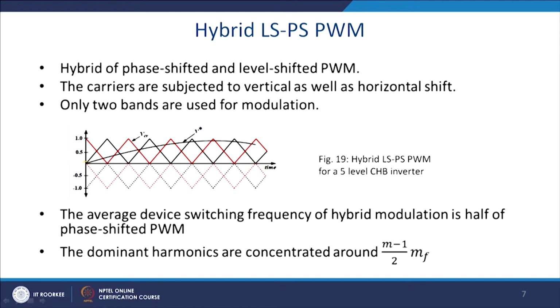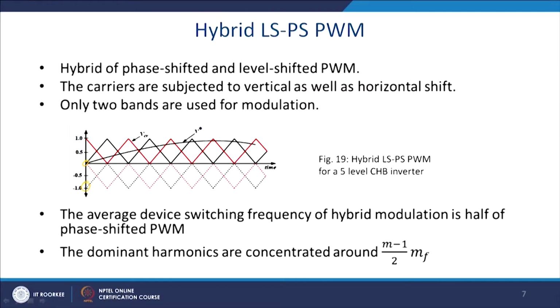So, this and these are in the same phase, but they are shifted by the magnitude. So, hybrid phase shifted and level shifted PWM is obtained when you combine the phase shift and the level shift, and you get the hybrid one.